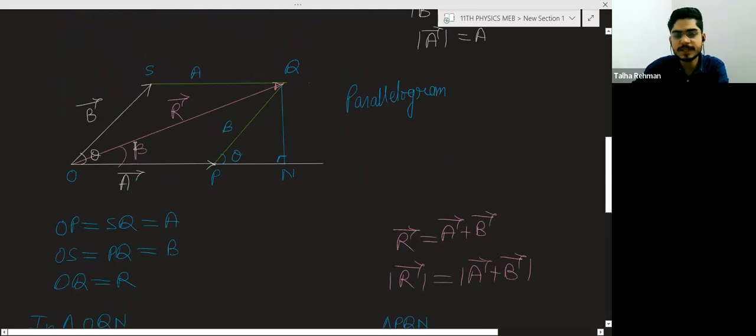This beta will give you the direction of the resultant vector. And what is beta? This beta is the angle between this vector A and the vector R.